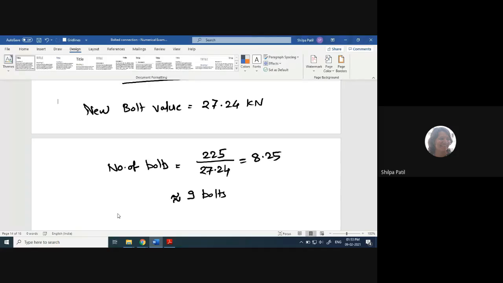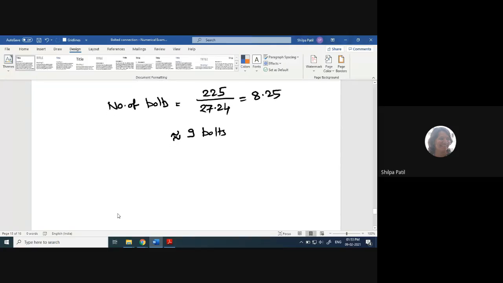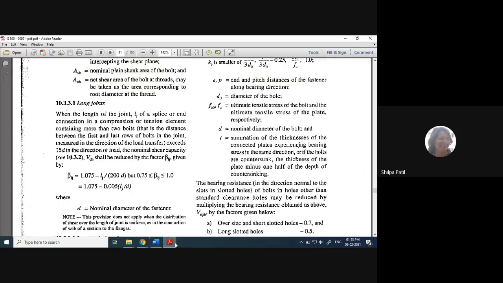Further, for 9 bolts, what will be my LJ? Let us complete the problem today itself. 8 multiplied by 60, right? 480. So find out beta LJ again with the same formula.